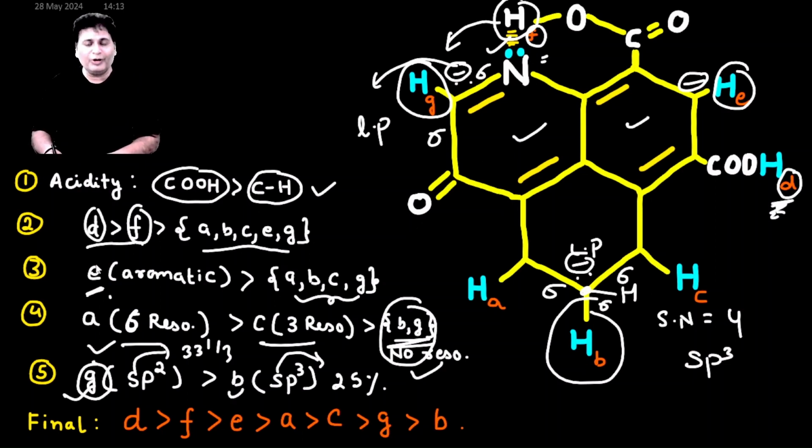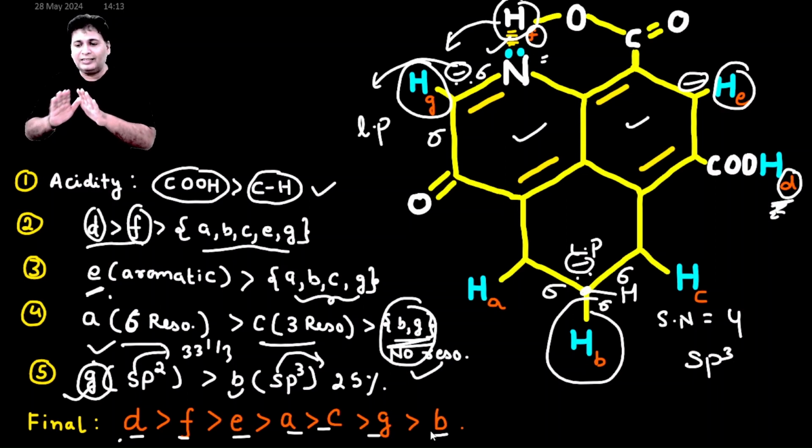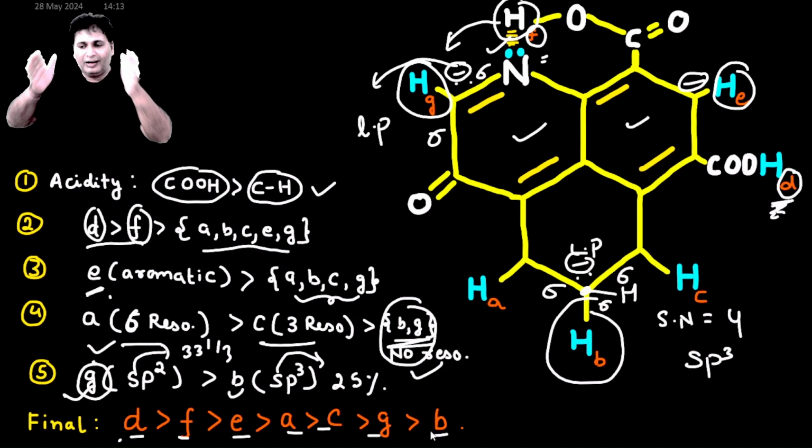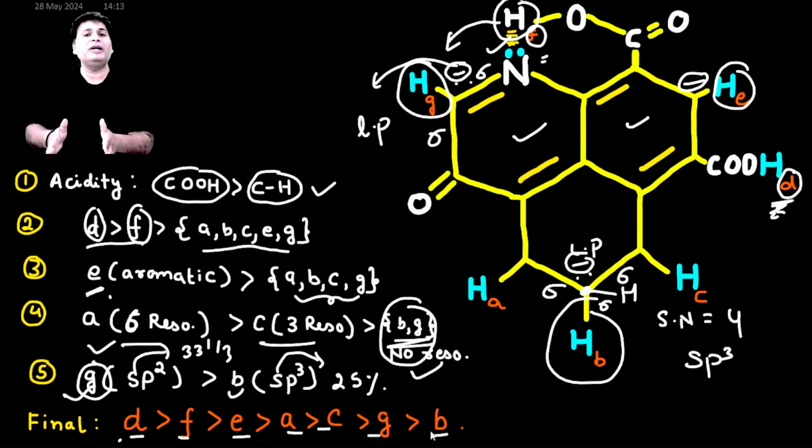So finally, putting all the bits together, you found that the first is D, then F, then E, then A, then C, G, and finally B. So we have taken all pains to dissect this question to a very basic, very fundamental level.